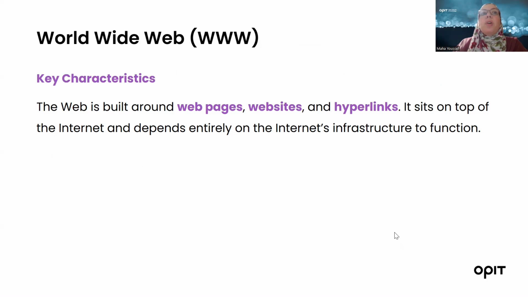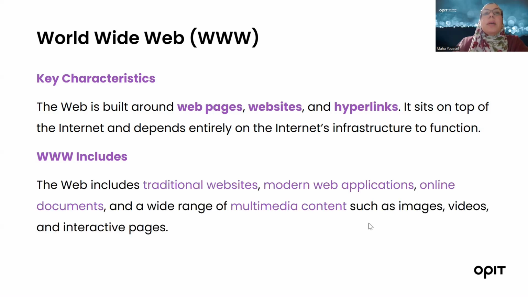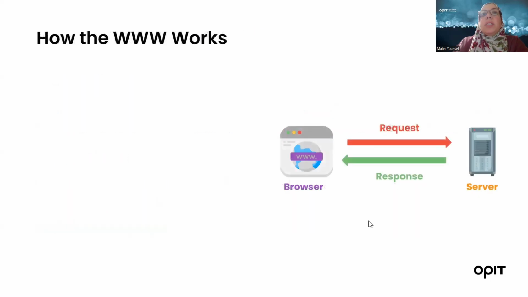It sits on top of the internet and depends entirely on the internet infrastructure to function. This could include traditional websites, modern web applications, online documentation, multimedia content, and so on.